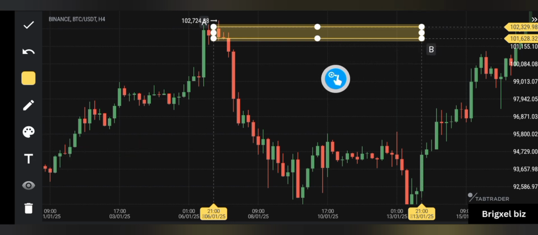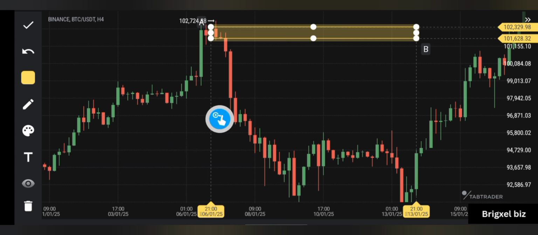All right, but I want you to notice that there is a wide gap between the low of this candle here and the high of this candle. That gap is what we call a fair value gap. Whenever you see it after your order block, whether a bearish or a bullish order block, it is a plus to the strategy I am explaining in this video.